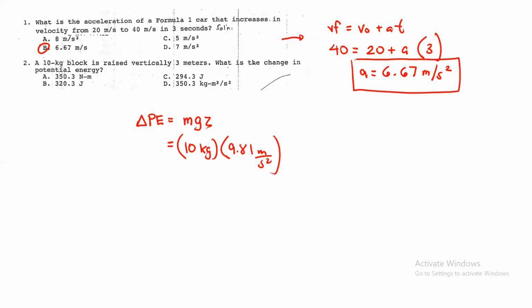Kilogram times meter per second squared is Newton, times 3 meters, Newton meter is joules. Pag pinag-multiply natin yan, makukuha natin is 294.3 Newton meter or joules. So, the answer is C. First two questions pa lang, madali na, no?